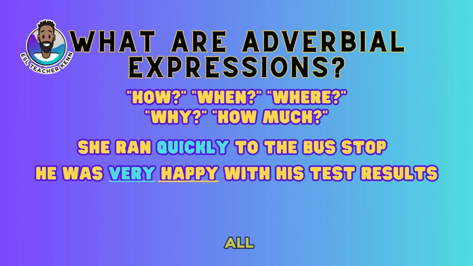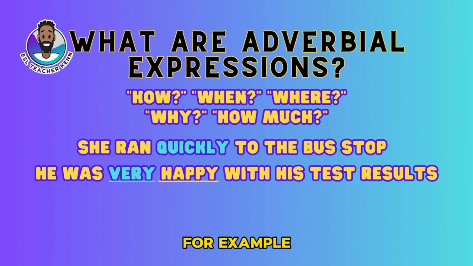So, first of all, what are adverbial expressions? Adverbial expressions are phrases that modify verbs, adjectives, or other adverbs. They usually answer questions like how, when, where, why, or how much.